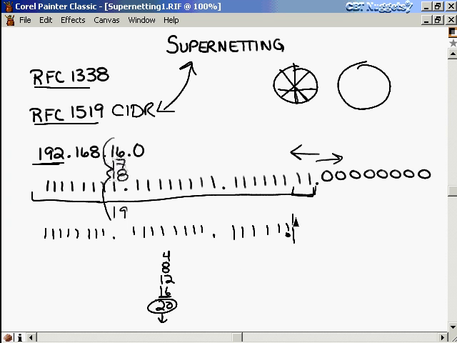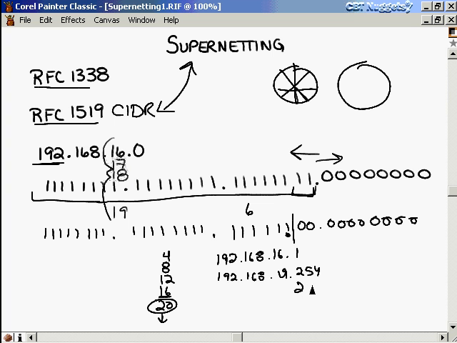So if I create my bit boundary here, and I have 6 bits in the third octet for the network portion, I borrow 2 bits to go along with the host on this end, then I'm going to achieve my goal, and I'm going to have a range of 192.168.16.1, and it's going to proceed all the way up to 192.168.19.254 for usable hosts, and then 255 is going to be my broadcast within this one network.